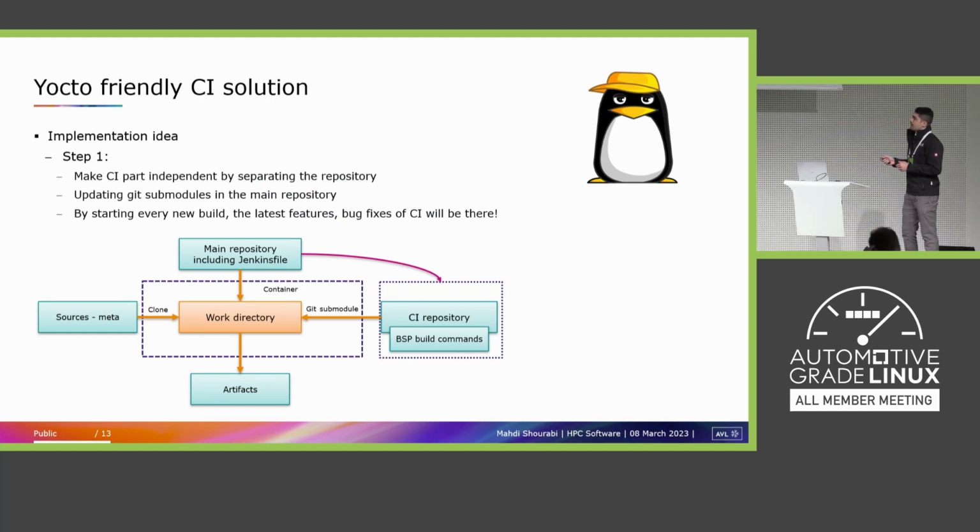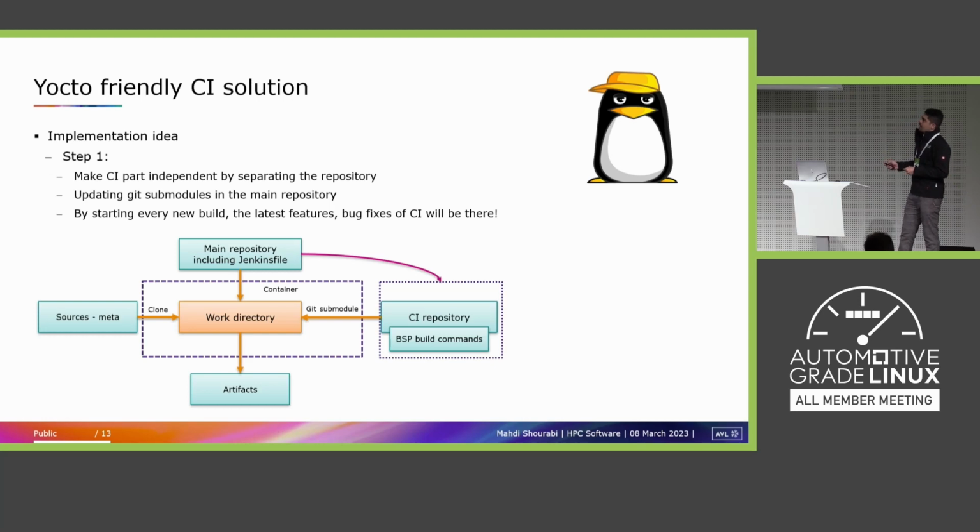To realize this idea, step one is to exclude all the CI actions from the main repository. So in our main repository, we keep our Jenkinsfile just to tell Jenkins where to start and which node to use. And we move the CI part into another repository.